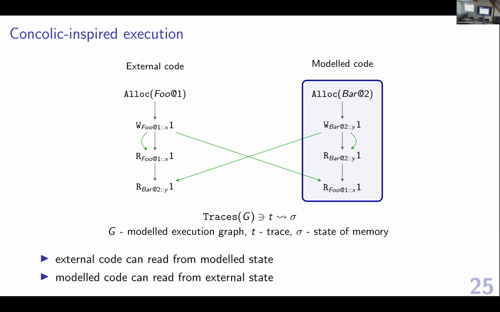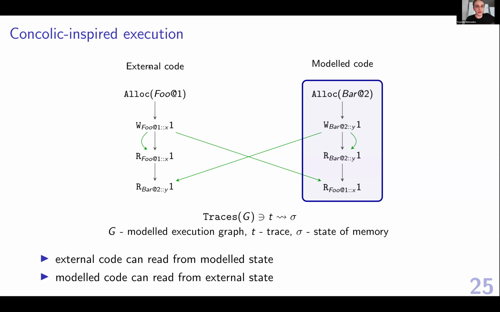We have two parts of the code, the modeled code and the external code. The modeled code is the code that we have instrumented, and in the modeled code we intercept all the events that happen there, all the reads, writes, locks, and so forth.